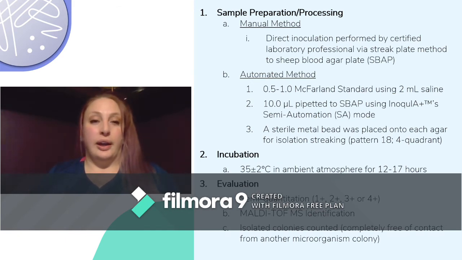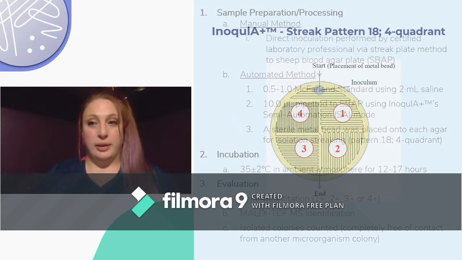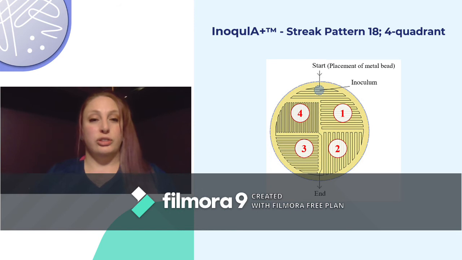Afterwards, I had set up the sheep blood agar plates on the InoqulA, and I had used a 10 microliter pipette and I had dispensed that onto the sheep blood agar plate. And this was with the InoqulA in what's called a semi-automation mode.